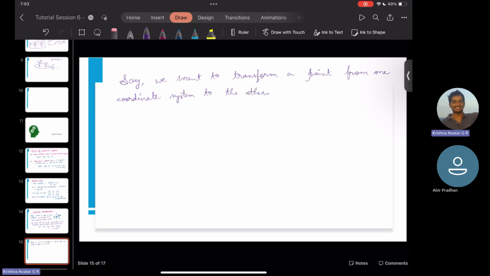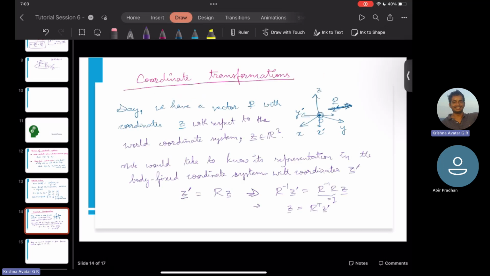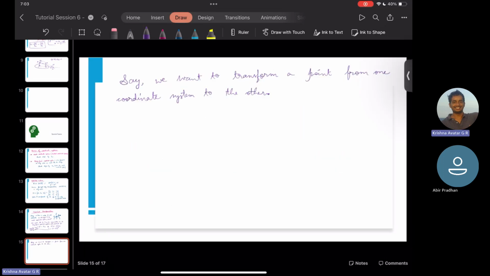Now, this is valid for any arbitrary vector, and it's lying freely in space. But if we are to transform a point from one coordinate system to the other, in that case, we need to first find an equivalent vector, right?